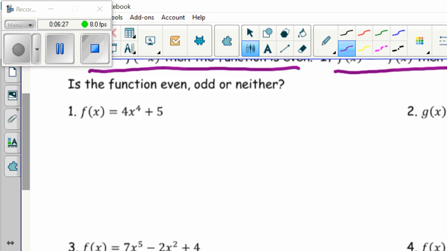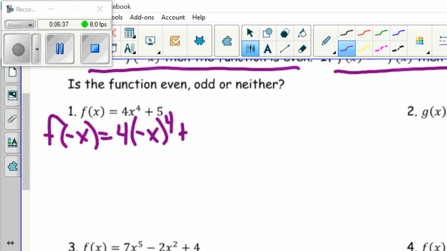So number 1, f of x equals 4x to the 4th plus 5. If I take f of negative x and I plug in, I get 4 times negative x to the 4th power plus 5. Remember, any negative number raised to an even exponent is going to be positive. So this turns into 4x to the 4th plus 5.